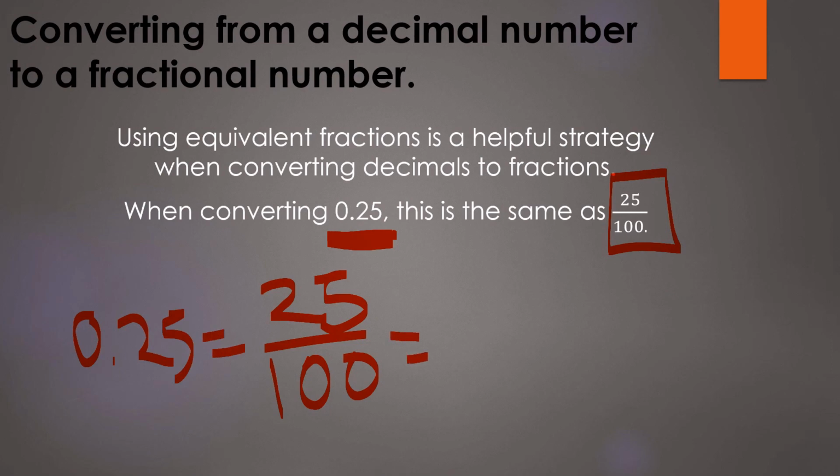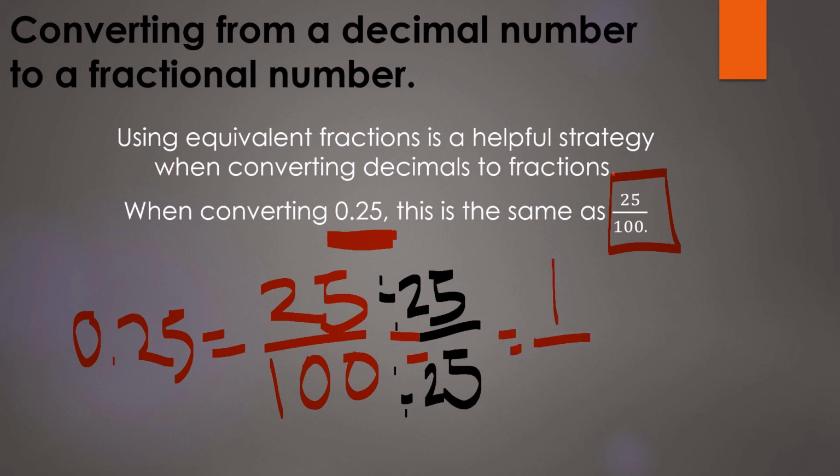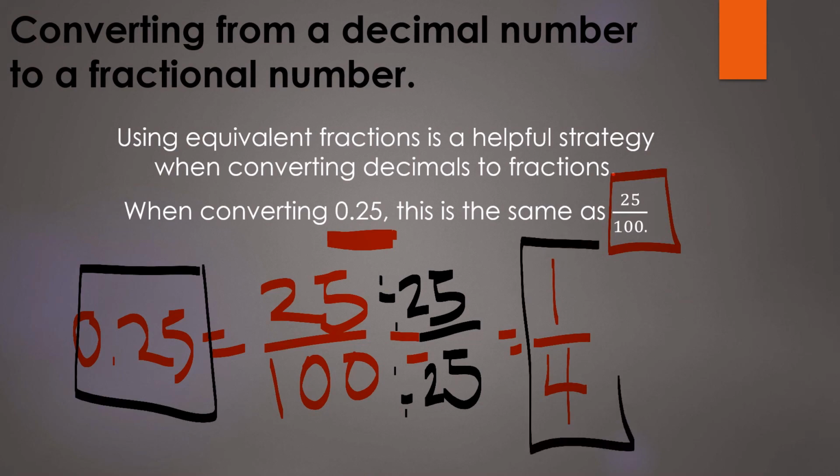We're going to divide it by 1 whole, or 25 fifths, giving us 1/4. So 25 hundredths is equivalent to 1/4.